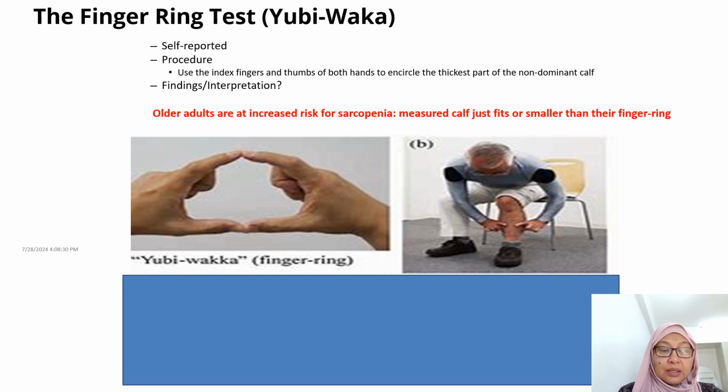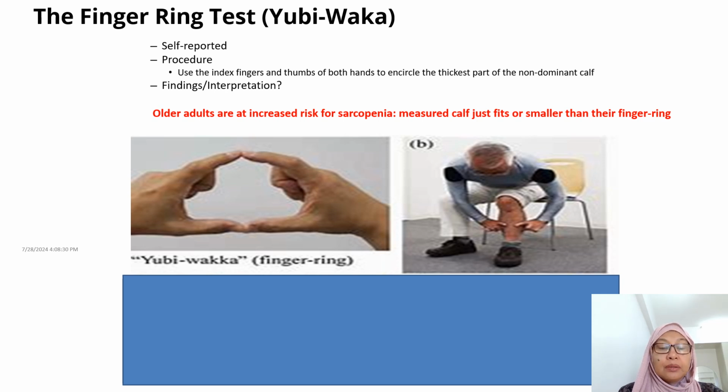The procedure: use the index fingers and thumb of both hands to encircle the thickest part of the non-dominant calf. Ensure that the fingers are placed snugly around the calf without overlapping or leaving gaps.